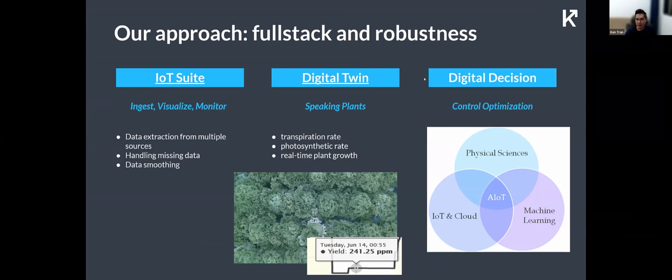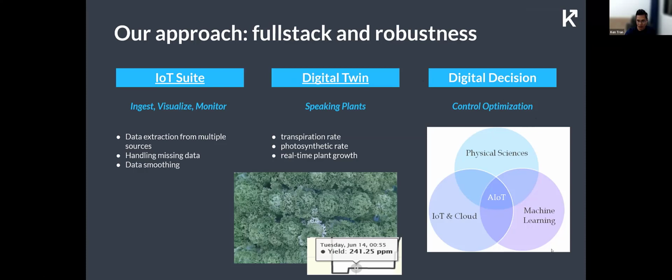And last but not least, in terms of our product portfolio, the IoT suite is for data management, data visualization, and data infrastructure. The digital twin is to help us know about the crop growth, and the autopilot, or the digital decisions, is to help us make the automated control decisions.